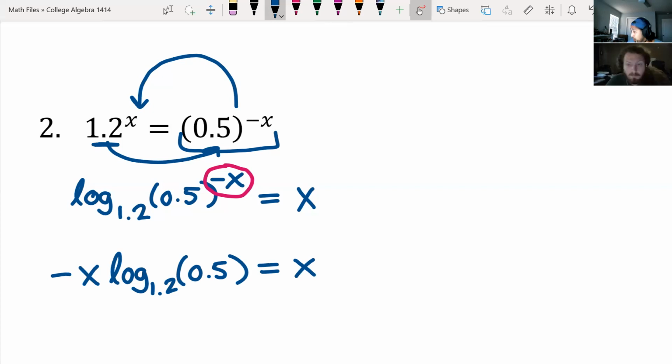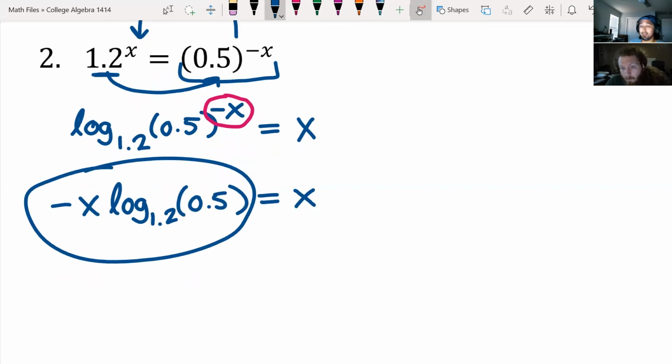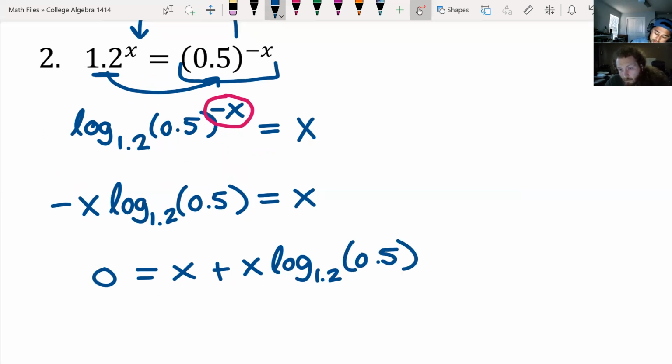And now since we're solving for x, we want to put our x's together. So what we're going to do is add this whole thing to the right side, which means we're going to get 0 equals x plus x times log base 1.2 of 0.5.